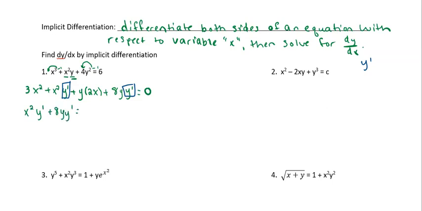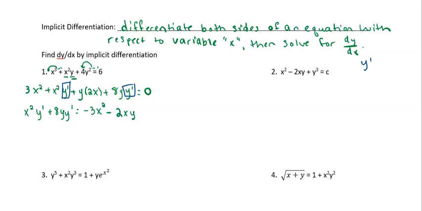And let's move everything else to the other side of the equal sign. So if I move everything else over, that's going to be minus our 3x squared. From right here, we're going to subtract our 3x squared from both sides. And then we have plus y times 2x, so we need to move that to the other side. So minus, I'm going to rearrange the order, 2xy.